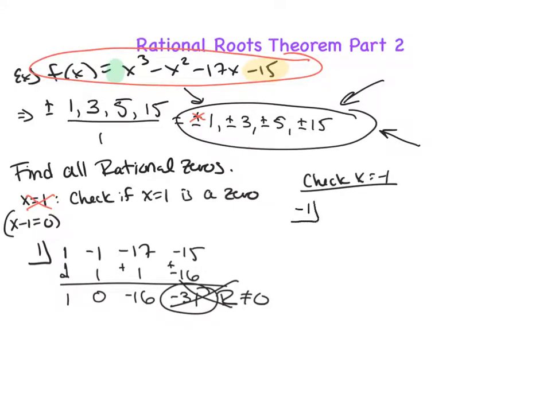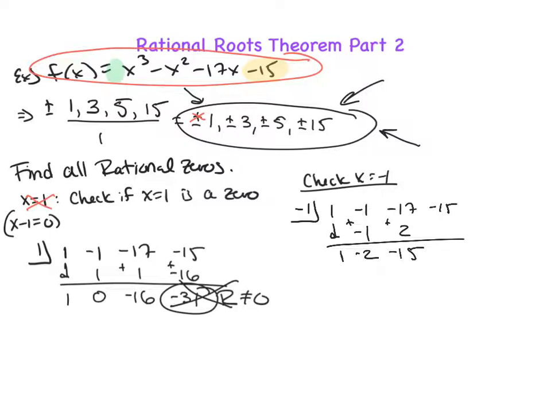So let's do that. 1, -1, -17, -15. And start the synthetic division by bringing down the first number. -1 times +1 is -1. -1 plus -1 is -2. -1 times -2 is 2. -17 plus 2 is -15.